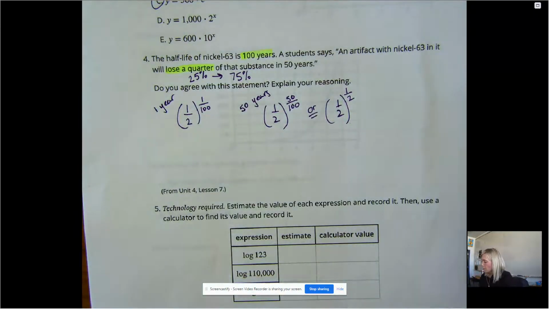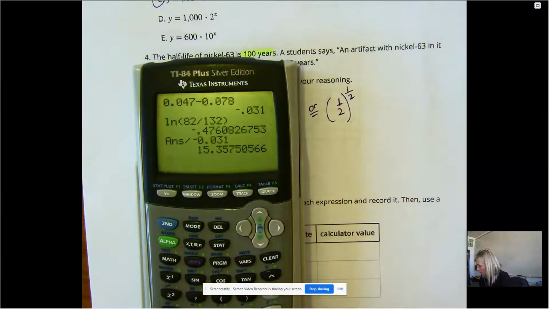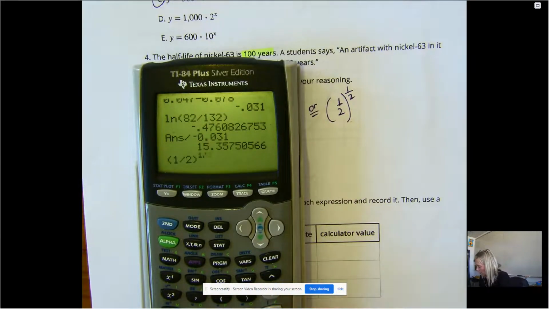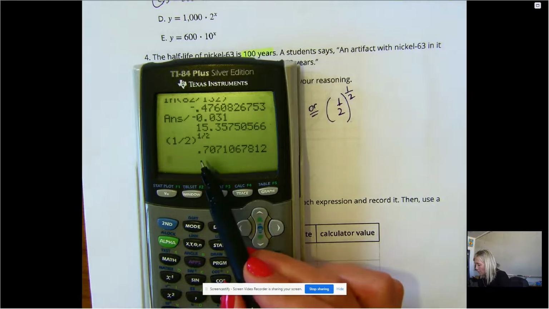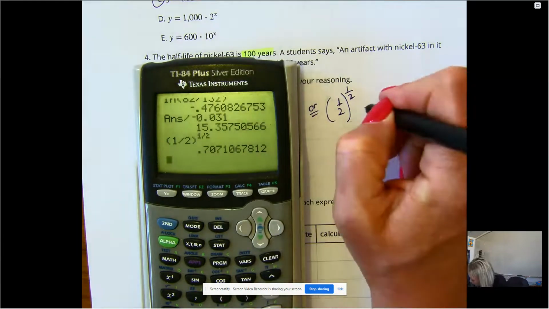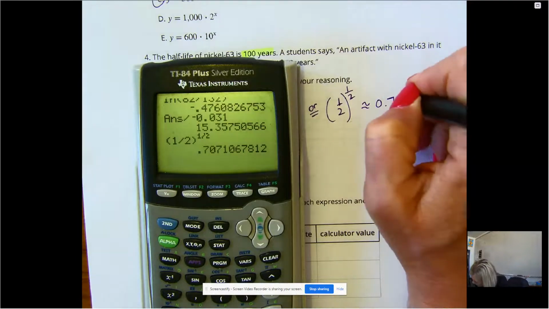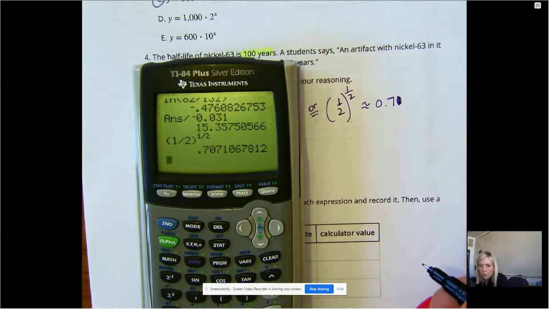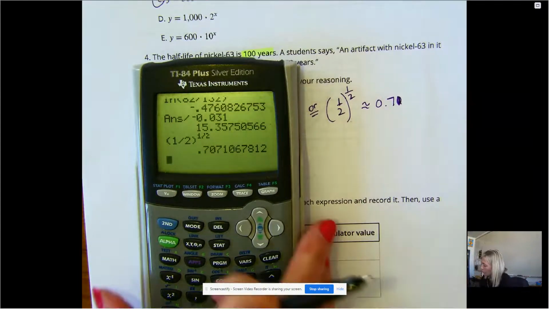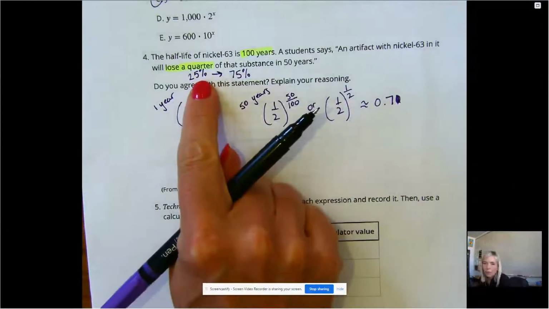So if we evaluate 1/2 to the 1/2, I get about 0.71. So about 0.71, which, I mean, his estimate is close, but it's not accurate.